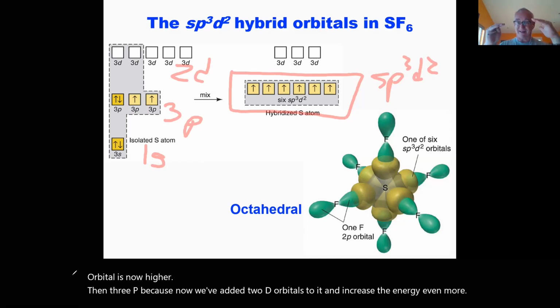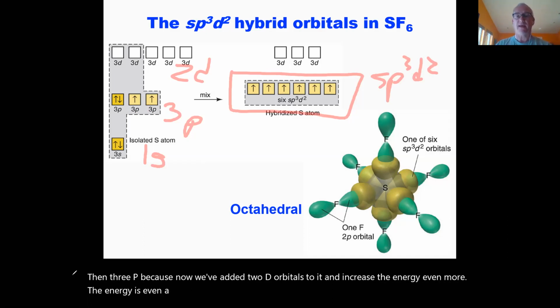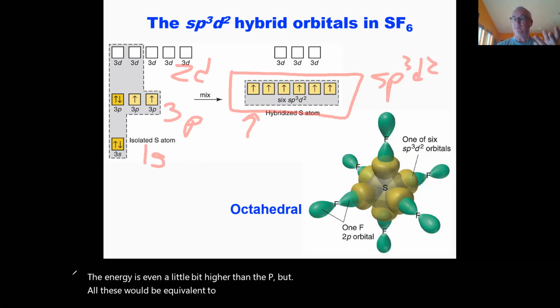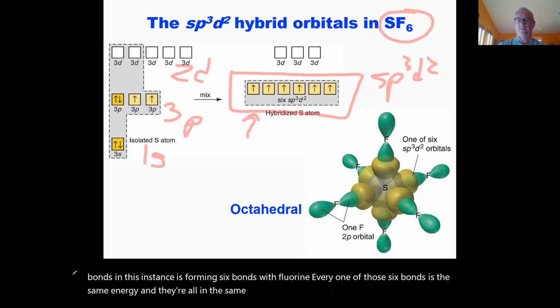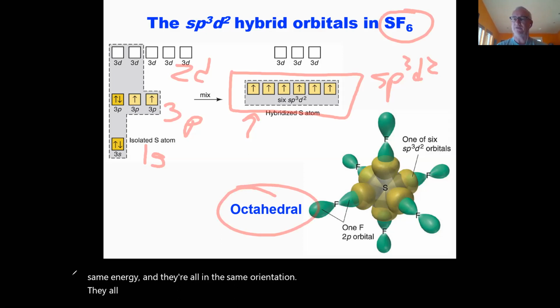So now the energy is even a little bit higher than the p, but all of these would be equivalent to each other, which they have to be, because when it forms 6 bonds, in this instance 6 bonds with fluorine, every one of those 6 bonds is the same energy and they're all in the same orientation. They all have that octahedral shape. So all of these are 90-degree angles from each other, all identical.